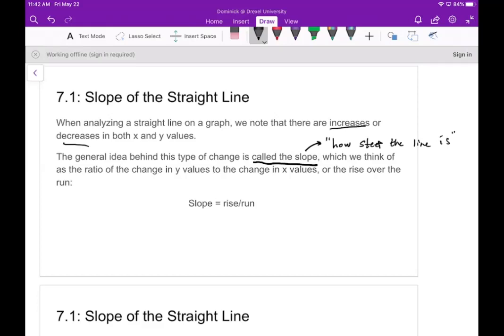Right. And the way that we classify this is the rise over the run, which is your change in your y values over the change in x values. Right.